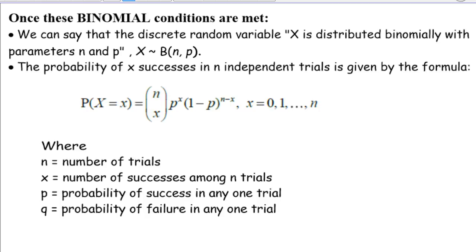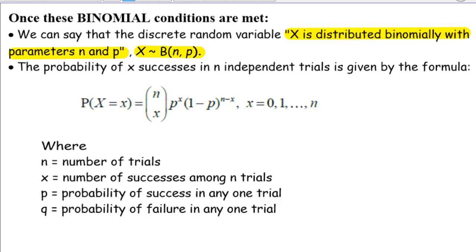And we can say that the discrete random variable x is distributed binomially with parameters n and p. Or you can say x follows a binomial distribution with parameters n and p.